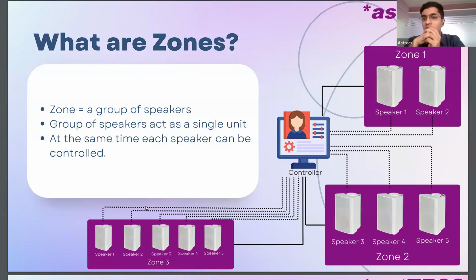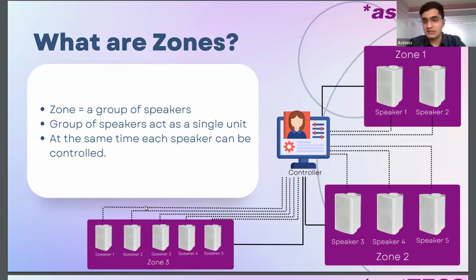Now a user, or the controller, the manager of the system, can make an announcement to not just one speaker or not just one zone. So if he makes an announcement to zone 1, it would automatically and simultaneously announce to speaker 1 and speaker 2. Similarly, if he announces to zone 2, it would go to 3, 4, and 5.